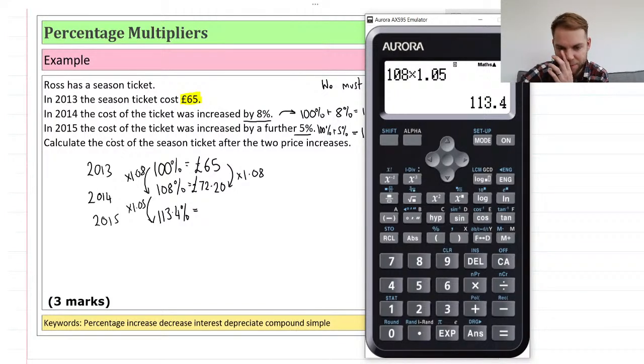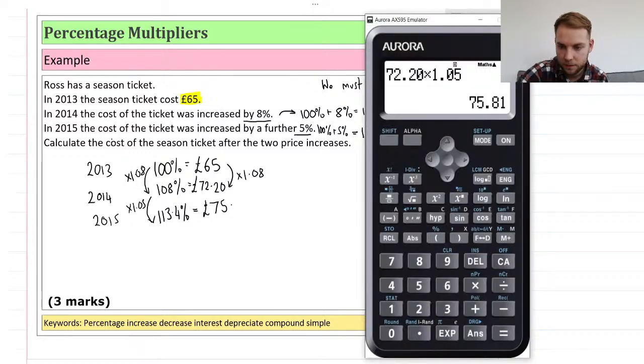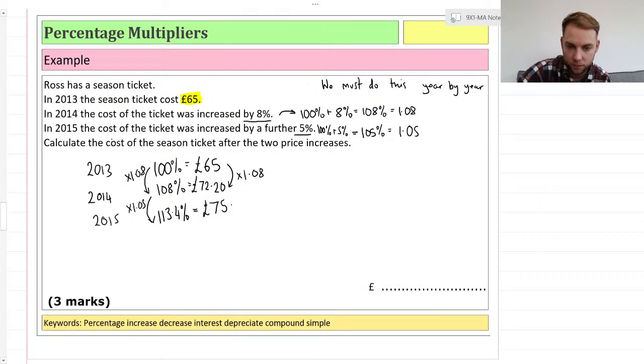Now I need to times the right hand side by this as well, so that's £72.20 times by 1.05, which is equal to £75.81. Let me check, what did I say it was? £75.81.